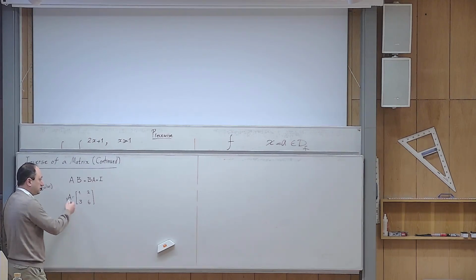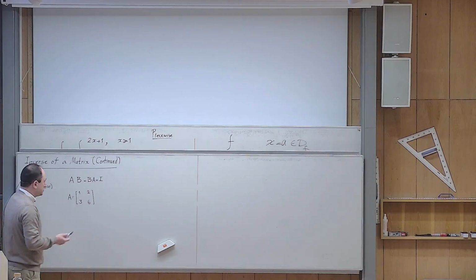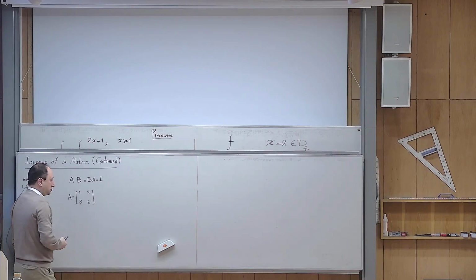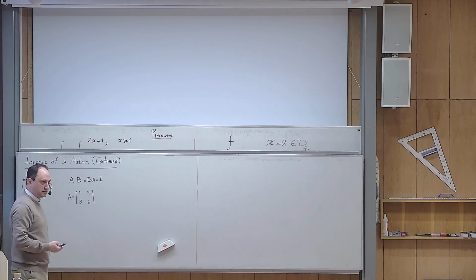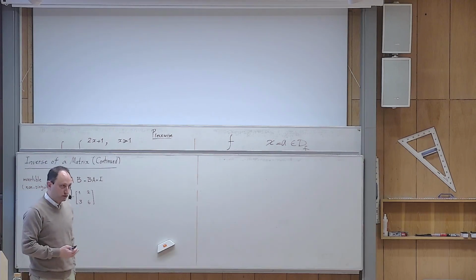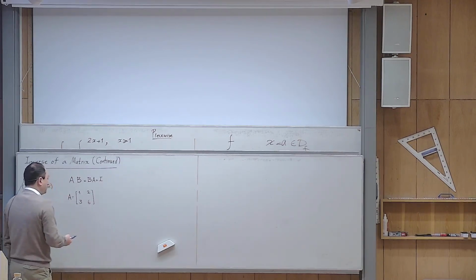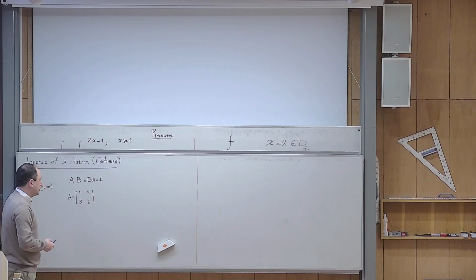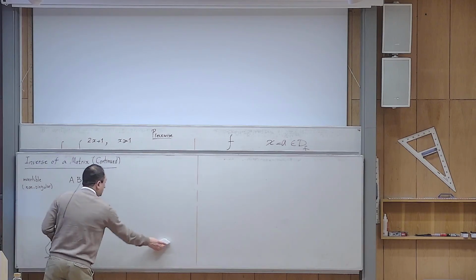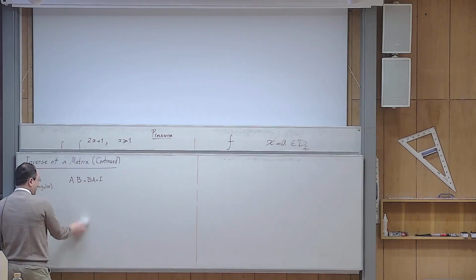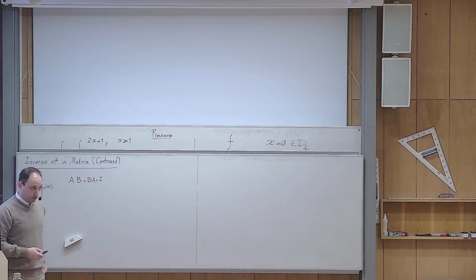We confirmed that by assuming it is invertible and reaching a system of equations that doesn't have any solutions. Then I gave you another example of a matrix which was invertible. So it's important to know that not all square matrices are invertible. Some of them are, some of them are not.